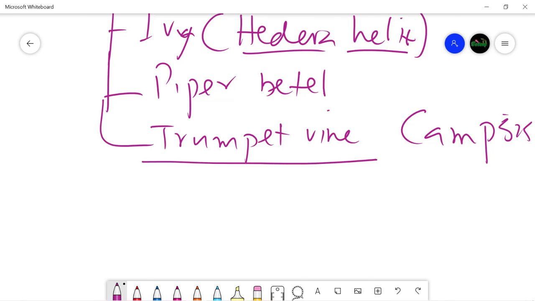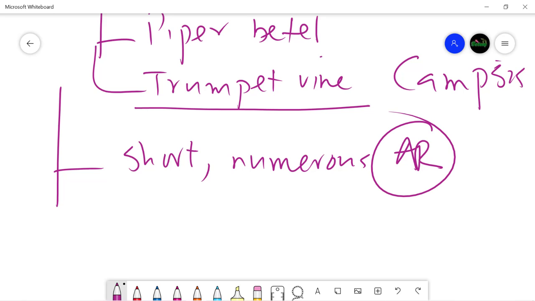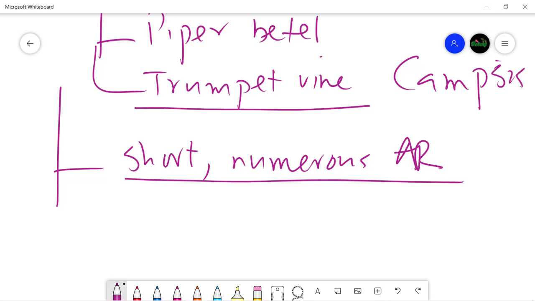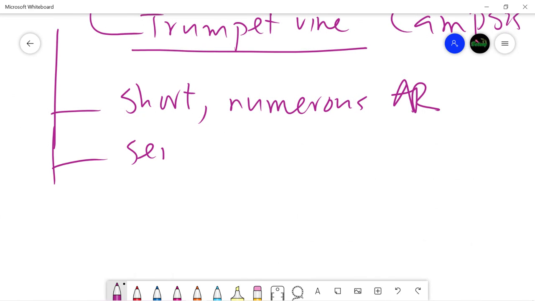So all these plants produce short, numerous adventitious roots. So AR for adventitious roots as far as this discussion goes. So we are using this abbreviation for adventitious roots. They produce short, numerous adventitious roots, and such roots are, as a rule, sensitive to contact.